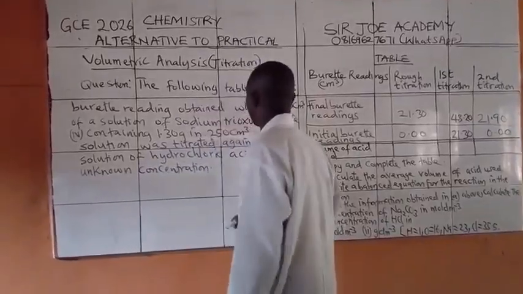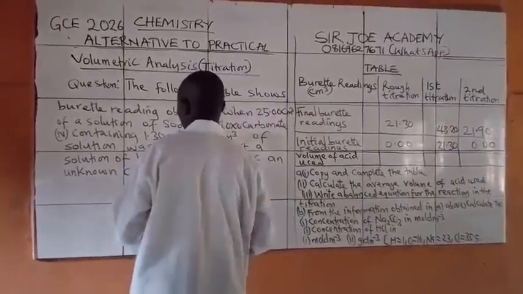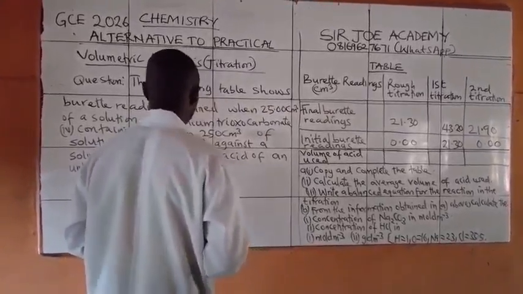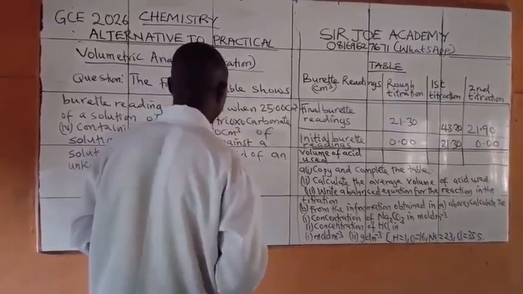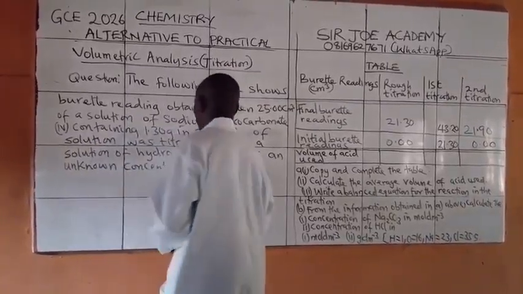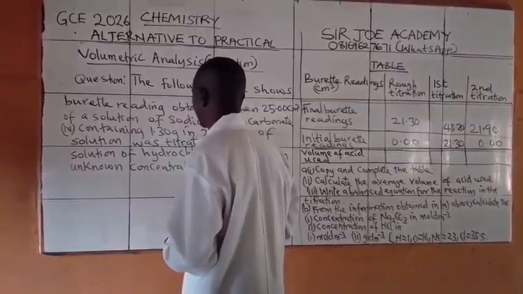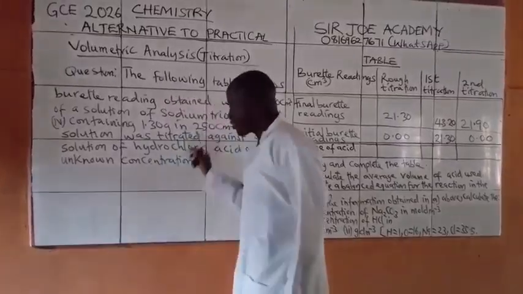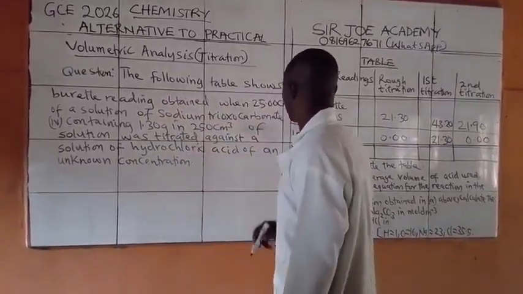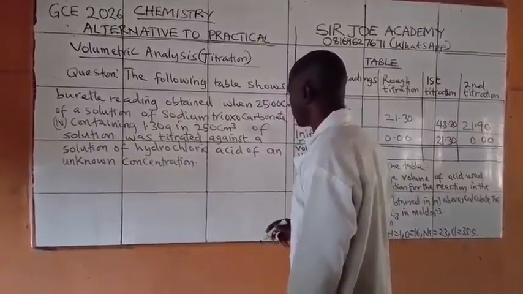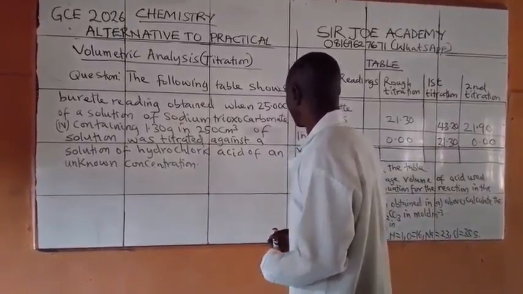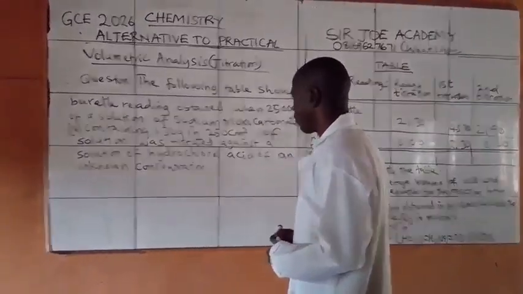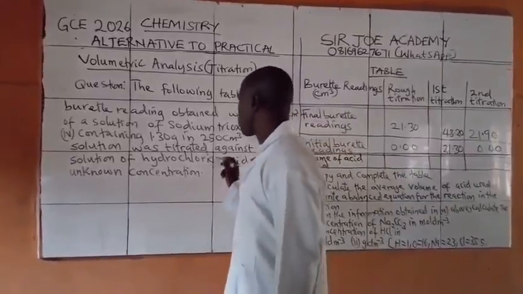The question says, the following table shows burette readings obtained when 25.00 cm³ of a solution of sodium trioxocarbonate(IV) containing 1.30 gram in 250 cm³ of solution was titrated against a solution of hydrochloric acid of an unknown concentration.